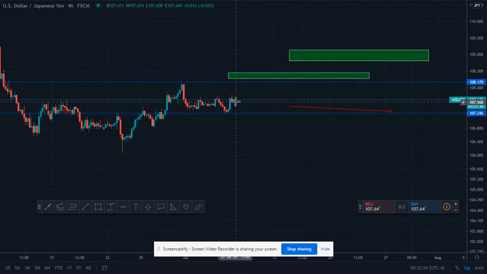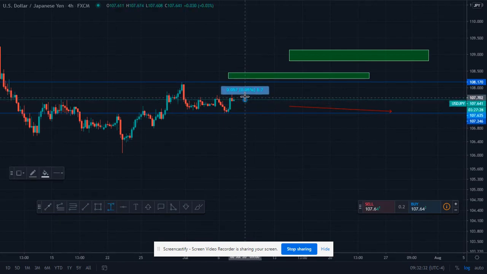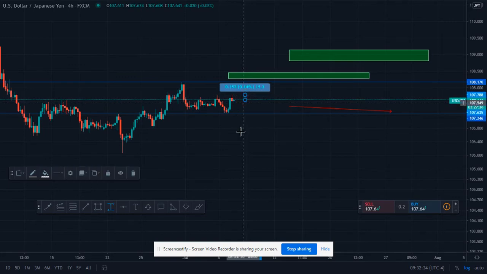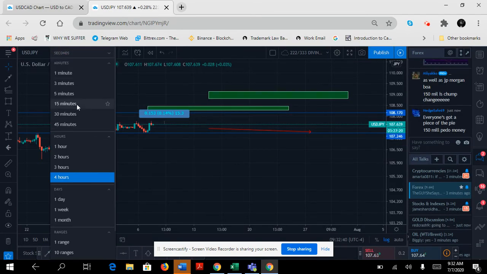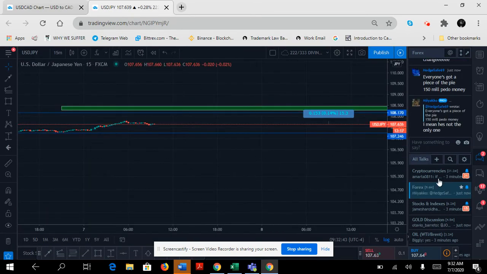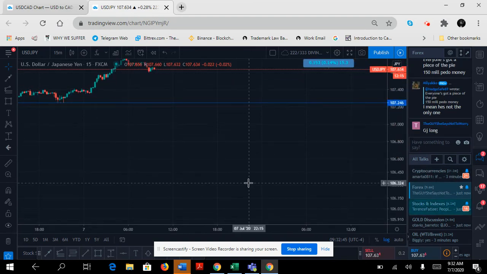Instead of you waiting for this to eliminate this candle, and if it did eliminate this candle, see right here, it'll take you 15 pips to eliminate that candle. But if you go down to the 15-minute chart, look for entry, you may find a better entry.